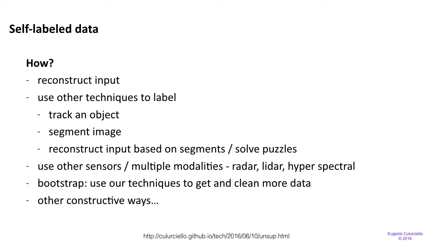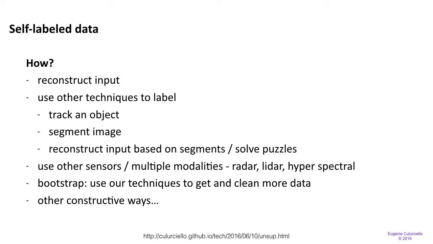There are other techniques that we could use to label. For example, we might have other computer vision techniques that already do something to the data, like tracking of an object or a segmented image, that we could use to label data for our neural network.